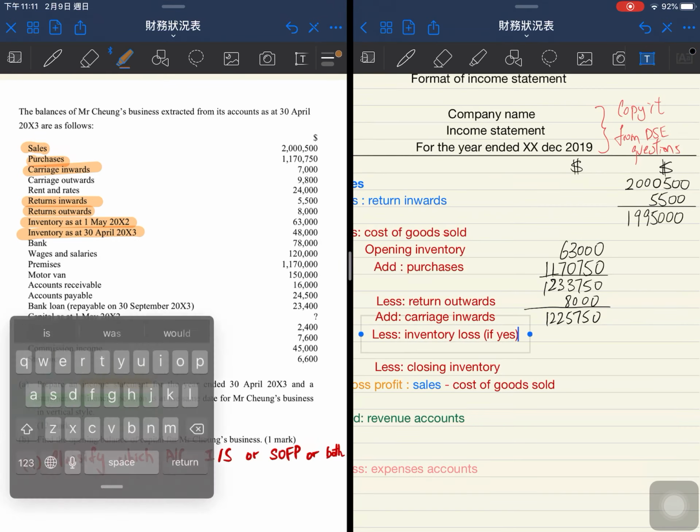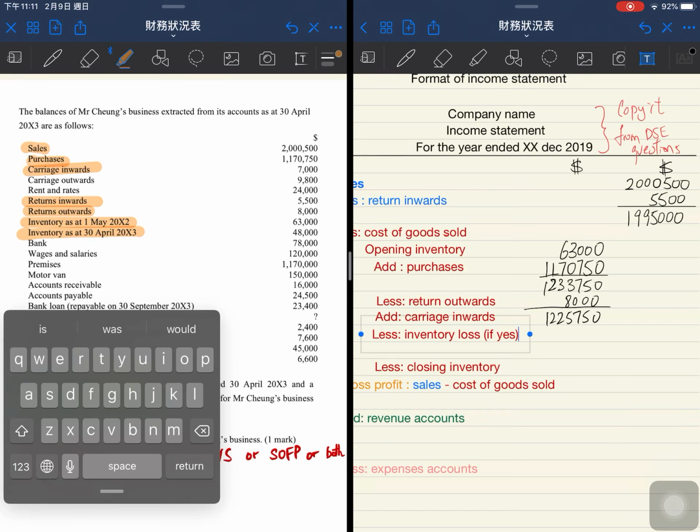And then remove inventory loss because there is no inventory loss in this question.